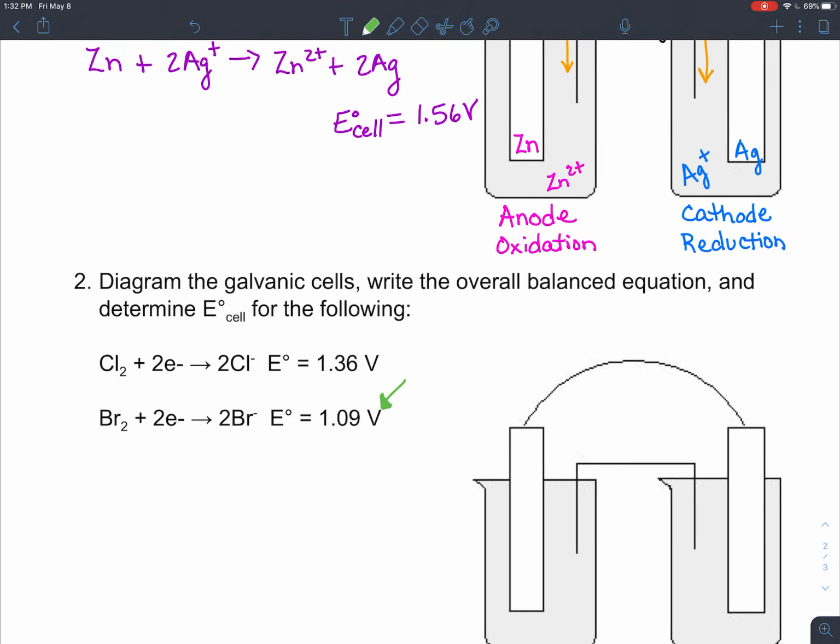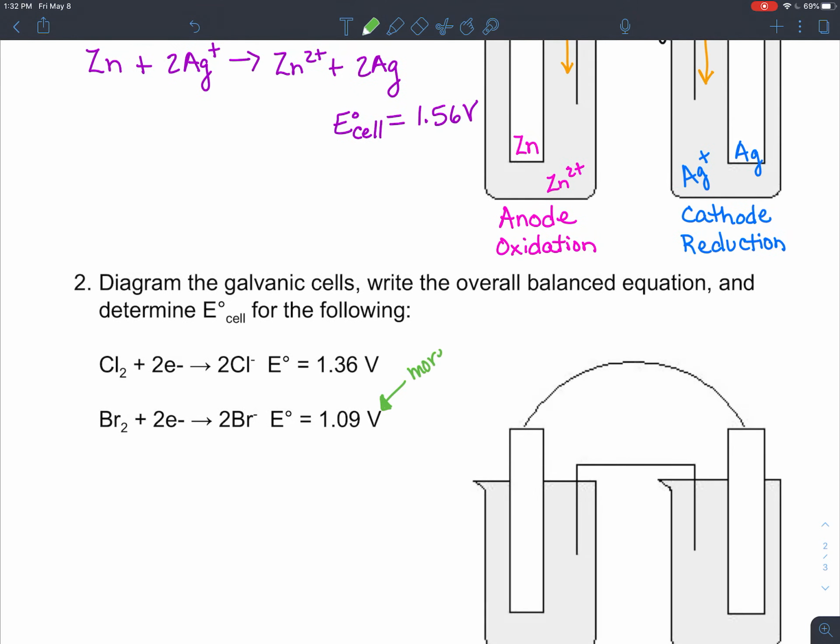So I'm just going to mark this one here. This is the more negative. So if you don't have one that's a negative number, then it's just going to be the smaller value.